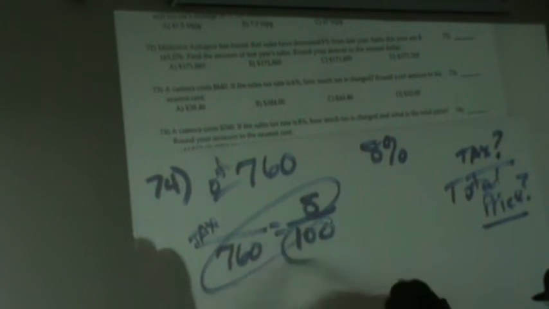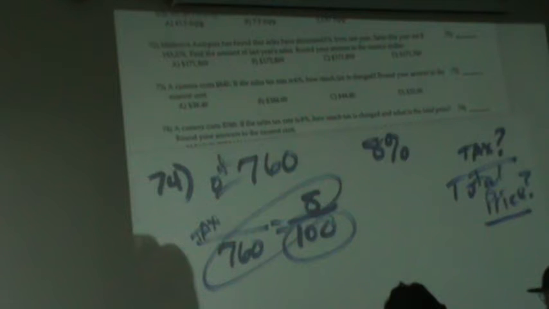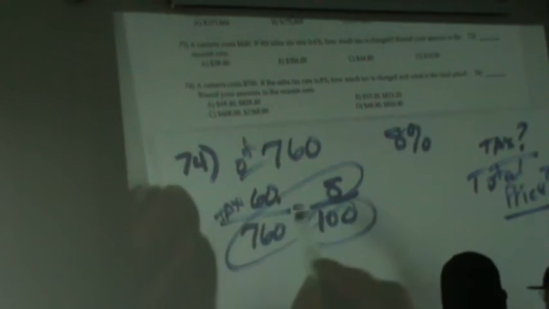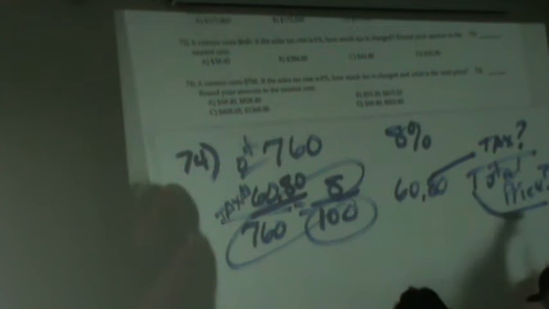What's 8% of 760? 60.8. So it's $60.80, right? The tax is $60.80. What is our total price?